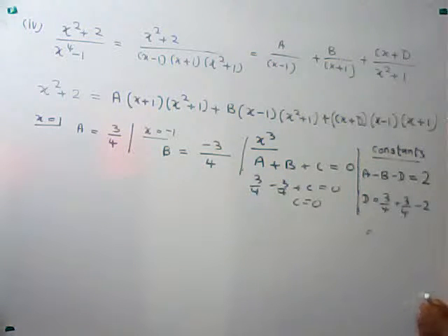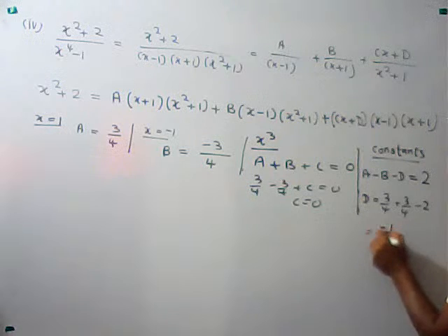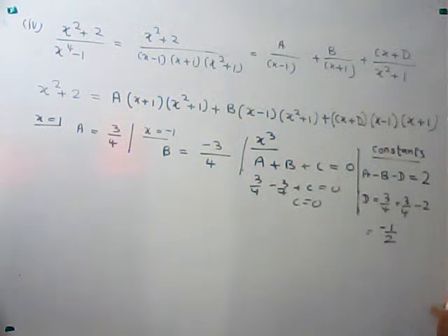So it's 3/2 minus 2, minus half. Minus 1 over 4.